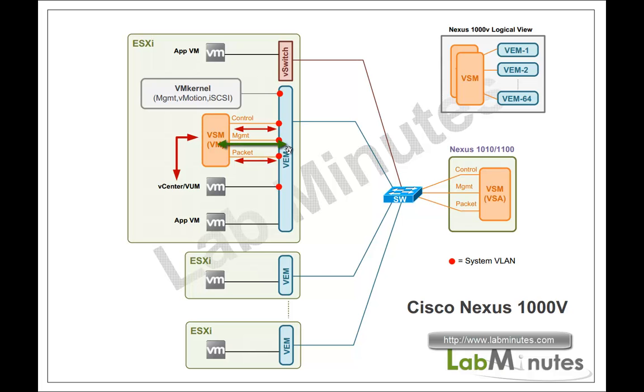VEMs also need to maintain constant connectivity to the VSM, not only to continue receiving config updates, but to forward certain packets they receive from the upstream switch but cannot process, such as the LACP packet, to the VSM for further processing. Although all VMs should be placed behind the VEM to leverage the full features of the Nexus 1000V, some people still feel more comfortable placing critical services, such as the vCenter or the VM kernels used for management and network boots, behind the traditional vSwitch.